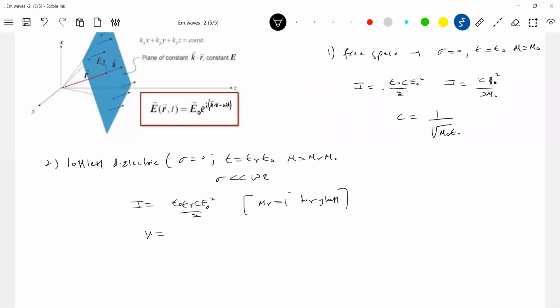So what will the speed of the wave become? V equal to C by... In yesterday's class, I think we derived these things. The expression for speed of the wave in any medium is given by this particular formula. For glass, you have to use this particular formula.